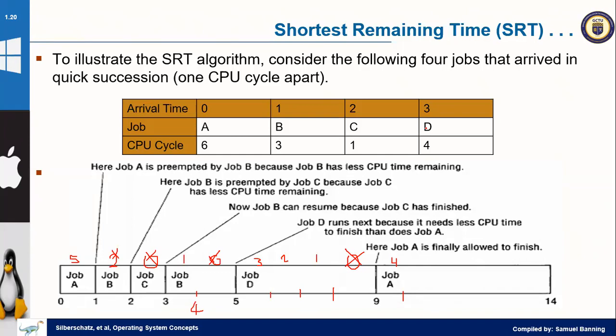So there can be a situation where A arrived at time 0, no process arrived at time 1, but let's say B arrived at time 4. You understand? That is a scenario we can create. But in this case, the jobs were arriving at every second.